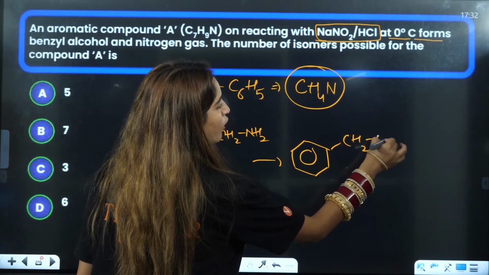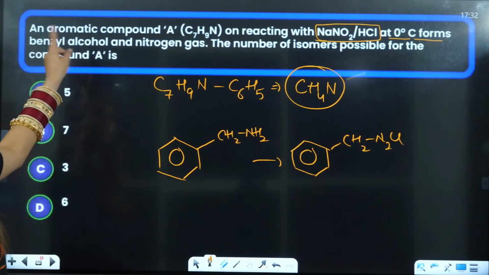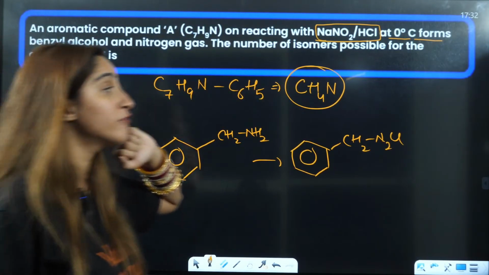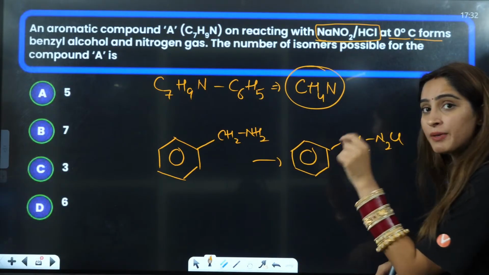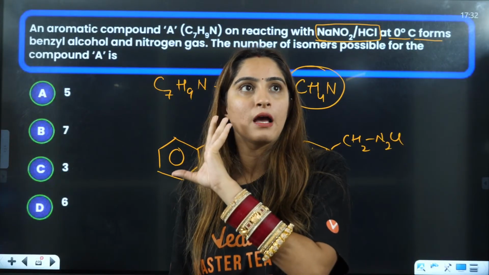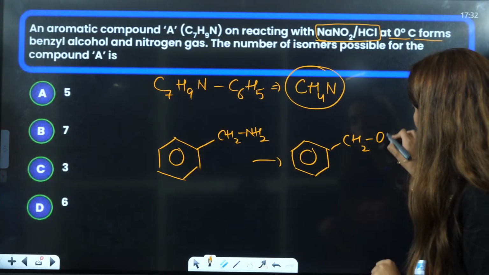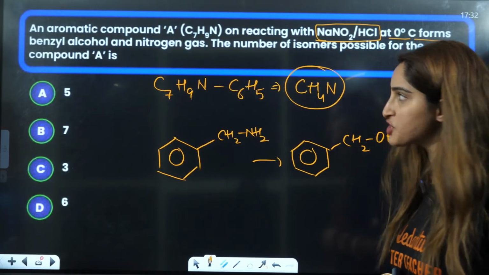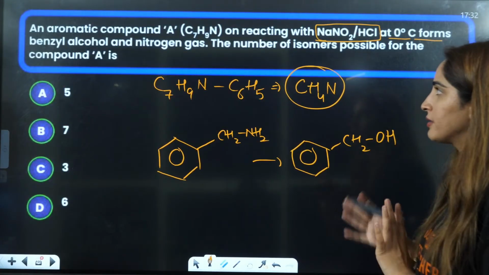That is, it will cause diazotization at 0 degrees to form benzyl alcohol. Definitely, why? Because this diazonium is connected to a carbon in the alkylic form, so it is not at all stable. So this will directly get converted to OH, and here you will have the release of nitrogen gas.